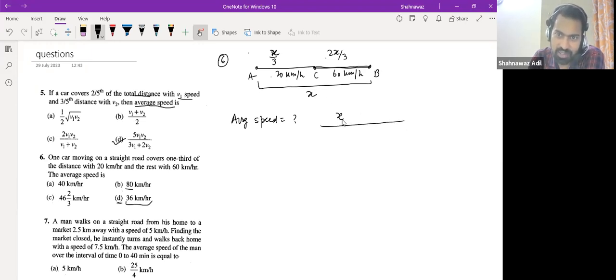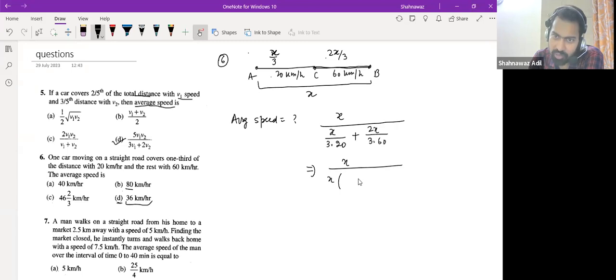So the total distance is X, right? And then T1, the time, is how much? X by 3 into 20, right? And then T2, the time, is 2X by 3 into 60. So this would be how much? Let's say X is taken outside.